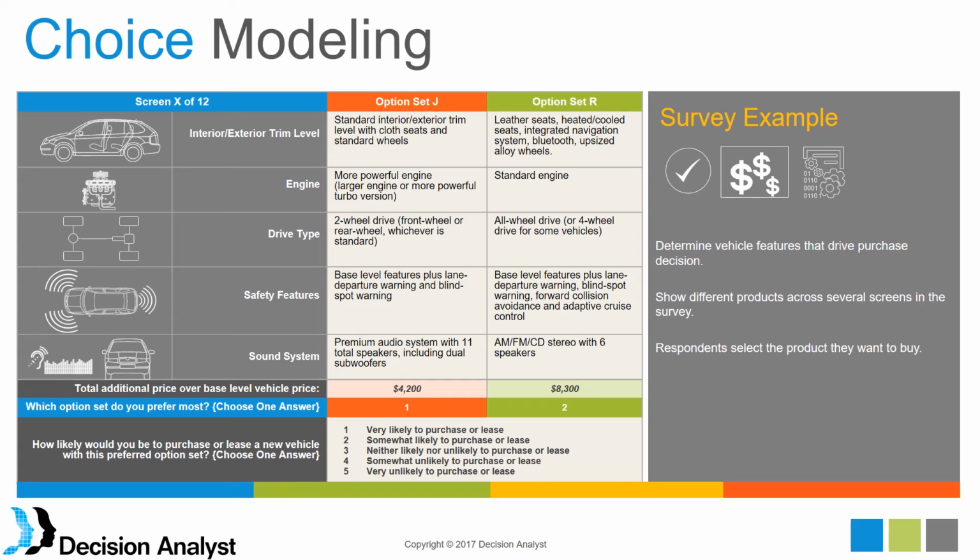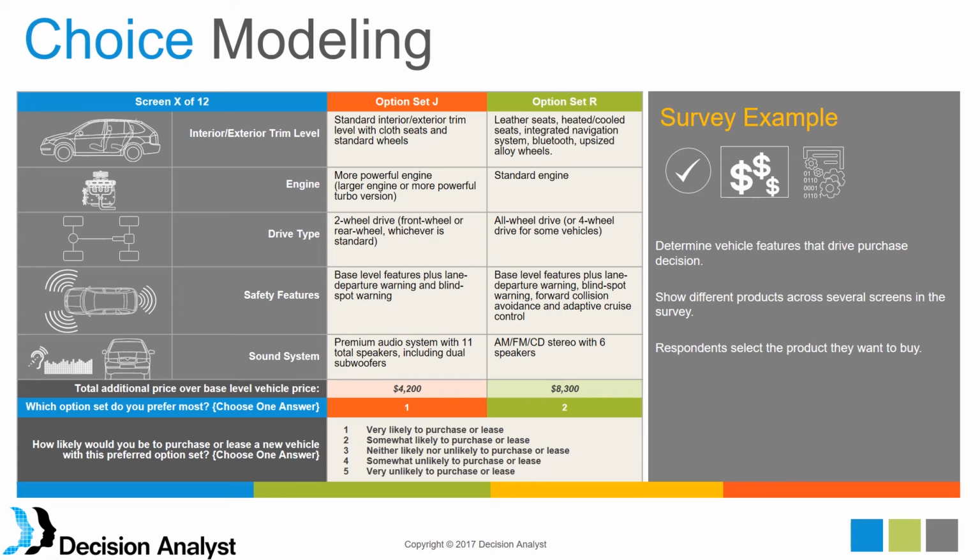In particular, in this example, we have two options, an option set J and R, and they differ by the features. We also have pricing for the options. In this example, additional price over the base level of vehicle price. And with this information, the respondent looks through and decides to select one over the other, and then can rate how likely they would be to purchase or lease a vehicle if it had those features.